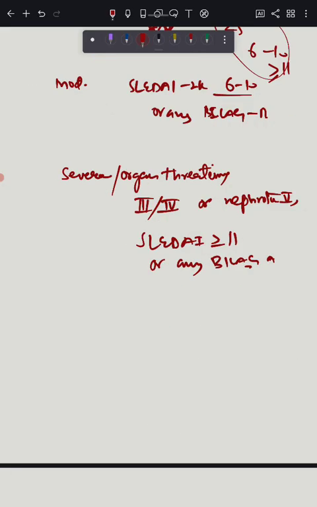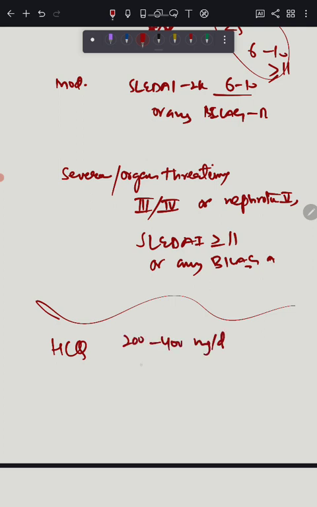So this is treat to target, what to give by severity. Everyone, unless contraindicated, should receive hydroxychloroquine. The dose is 200 to 400 milligrams per day. Maximum you can give is 5 mg per kg ideal body weight.